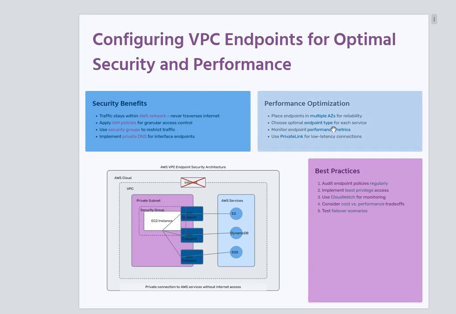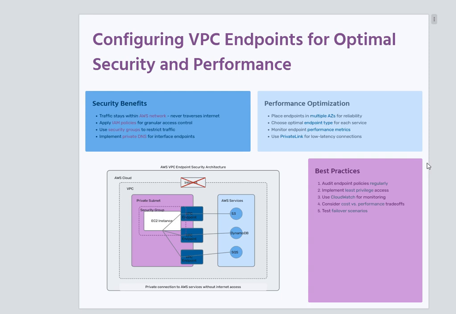Choose the optimal endpoint type for each service, using the best endpoint type for the service, and monitor endpoints using performance metrics. This ENI endpoint costs you money, so make sure you use metrics to examine how much data is flowing, so you don't incur extra cost. Use PrivateLink for low latency connection.